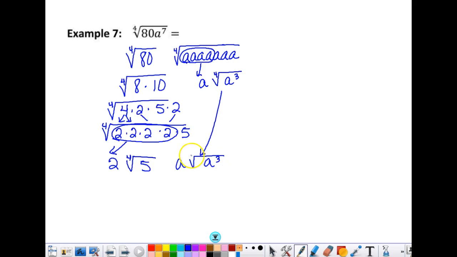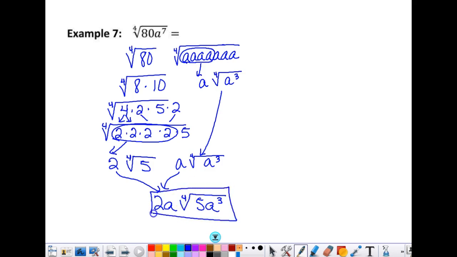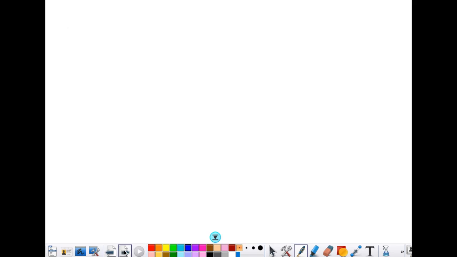So he has to stay because there's not 4 of them to come out. Now I'm just going to kind of clean this up. I'm going to put these guys together, 2a, and 5 times a to the third, and don't forget your little root sign. Okay? And I think that's it.